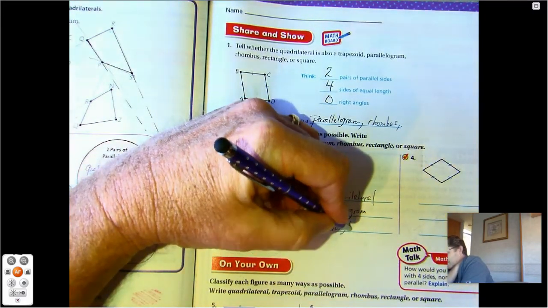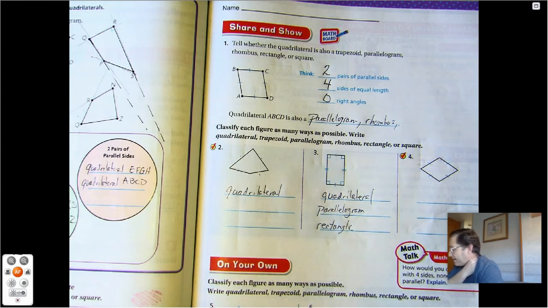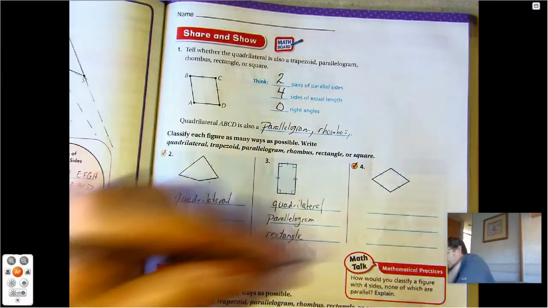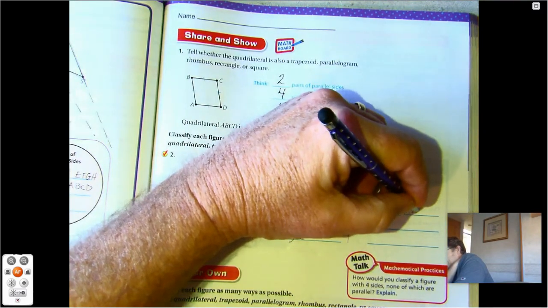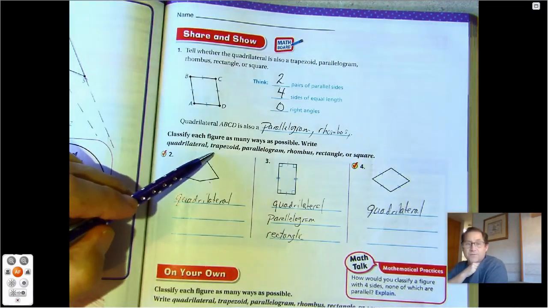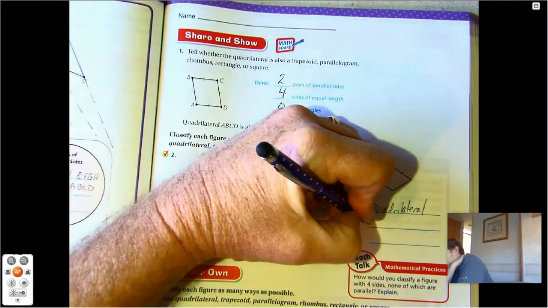It has two pairs of parallel sides and it has four right angles. It is not a square because it does not have four equal sides. Okay, and the last shape. It also has four sides. It is not a trapezoid because it has two pairs of parallel sides. Because it has two pairs of parallel sides, it has to be a parallelogram.